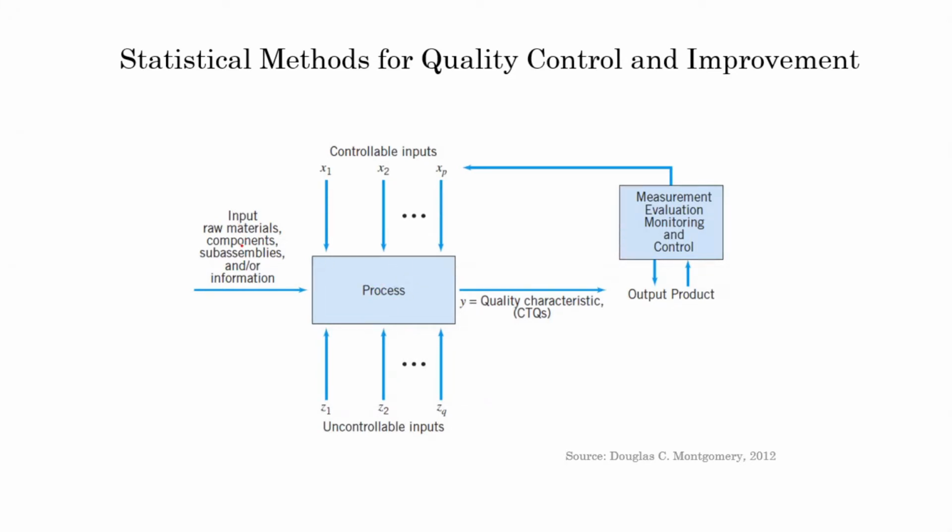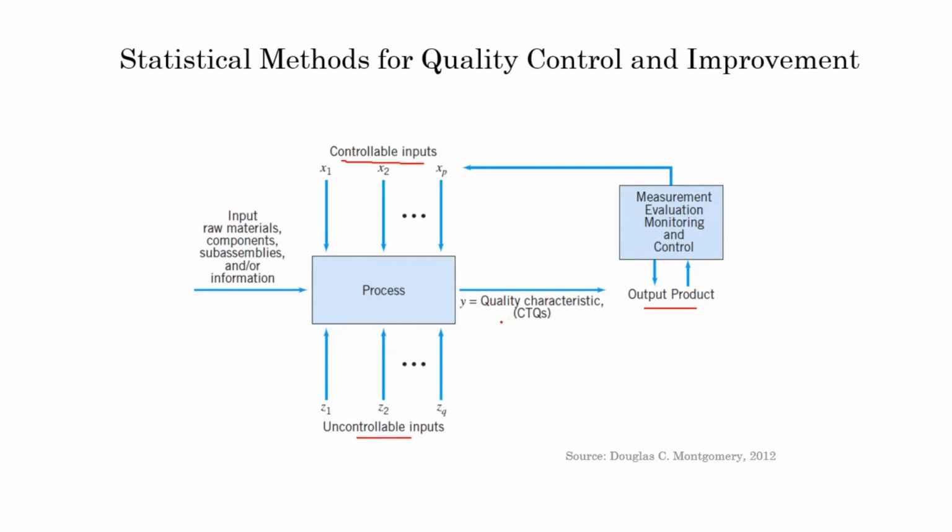So the input, like raw materials, components, human resource, information, and other things would be used based on that procedure. The inputs that would influence this process are divided into two. We have controllable inputs and uncontrollable inputs. And finally, through the procedure within the process, we deliver an output.